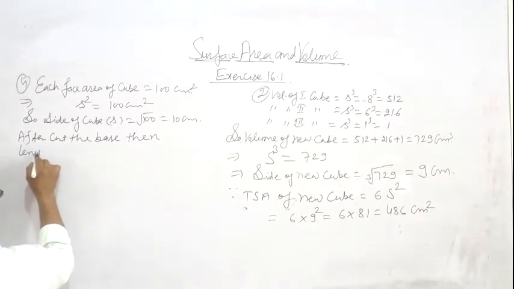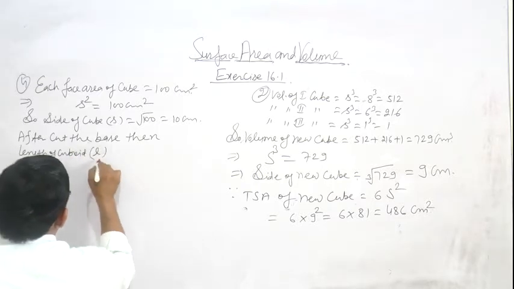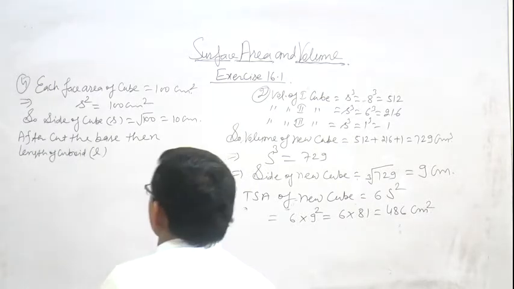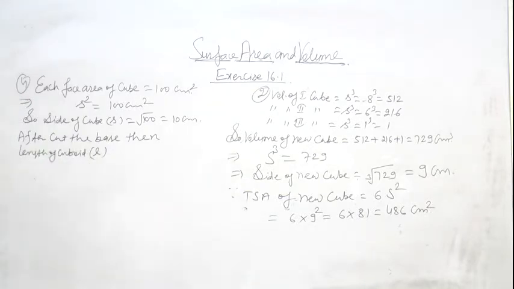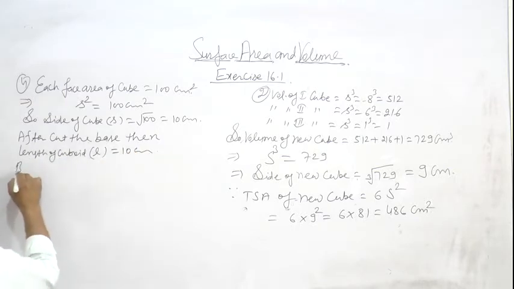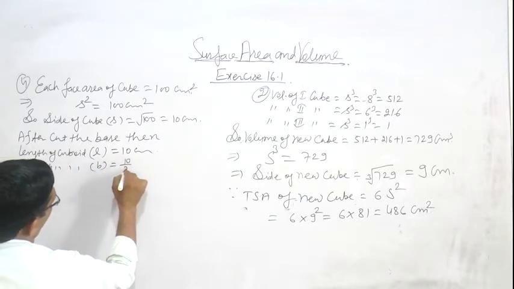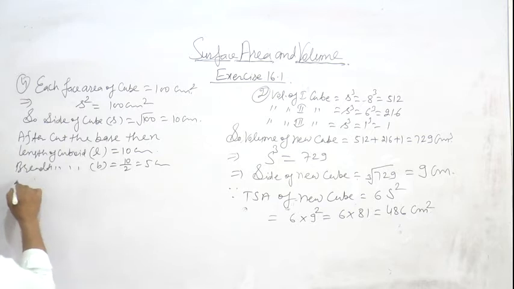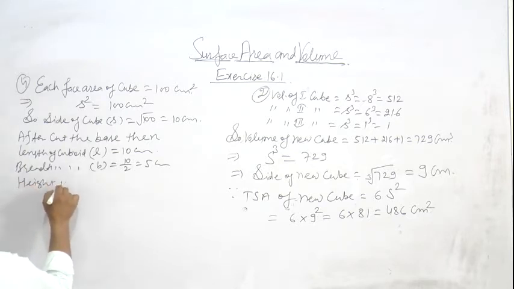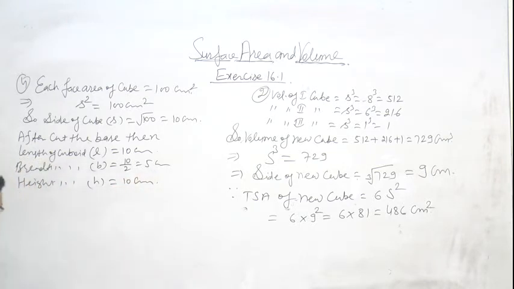Length of cuboid, it means L, because side of cube is 10 centimeter, so length is also 10 centimeter. Then breadth, it means B, is 10 upon 2, which is equal to 5 centimeter, and height H is also 10 centimeter.